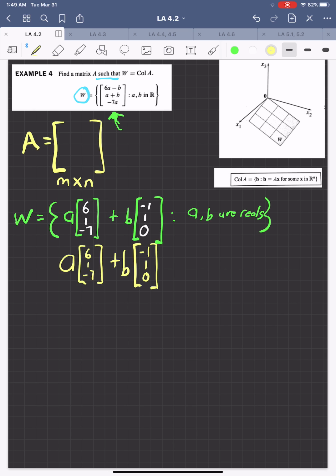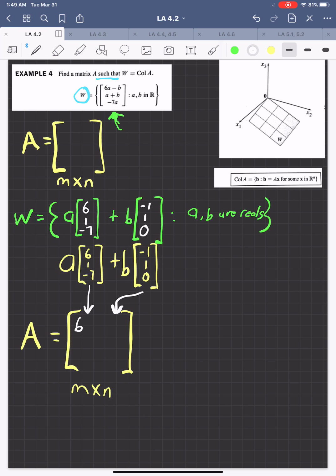And guess what? Those are the vectors that make up A. Remember, A is some m by n matrix, and these are the columns of A. In the beginning of this problem, if you asked me what matrix A is, I had no idea.